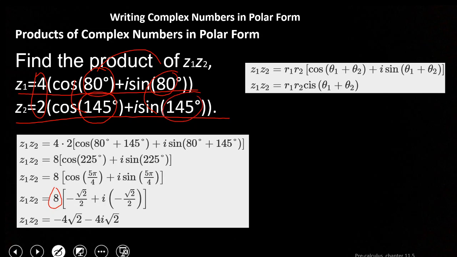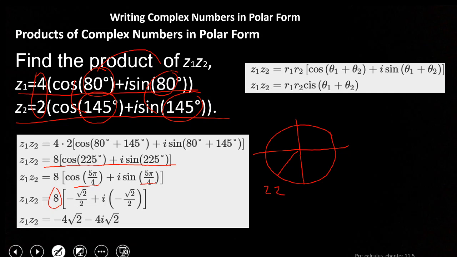So we get this. Now we don't have to convert to radians, but if you want you can convert to radians. We know cosine 225 degrees is the same as cosine 5 pi over 4, right? Now, 225 is about right here.